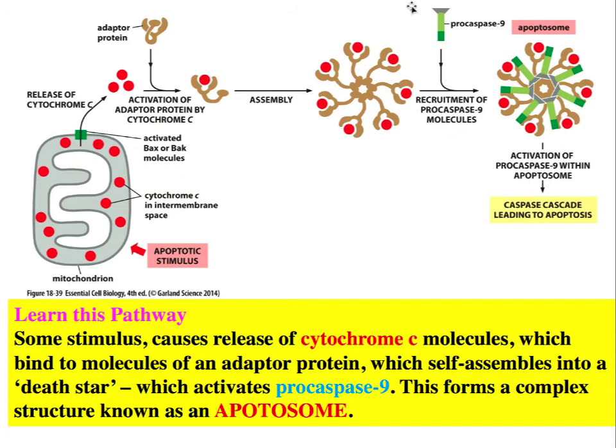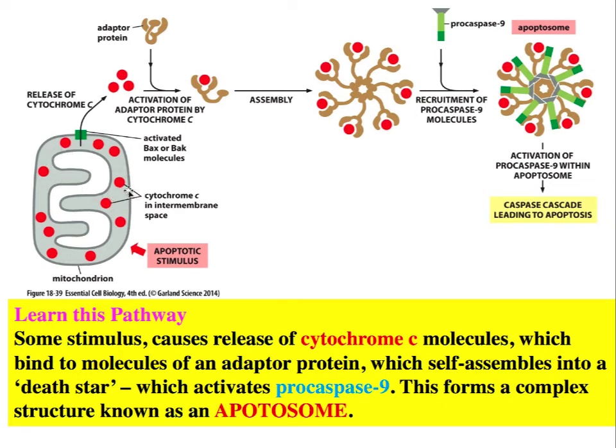Let us focus on one particular apoptotic pathway. In this case, the stimulus, whatever that may be, tells the cell to release cytochrome C. Cytochrome C is a molecule that's normally sequestered inside mitochondria between the two membranes.